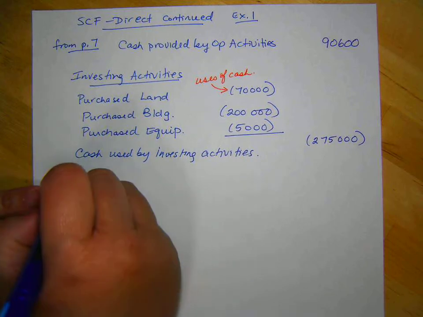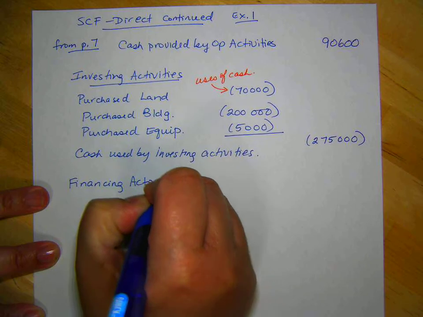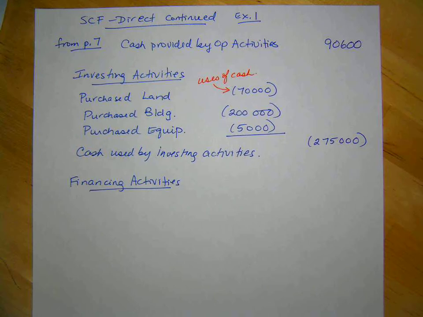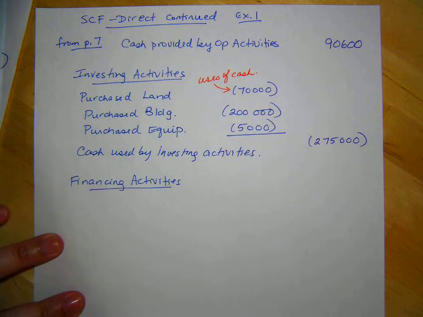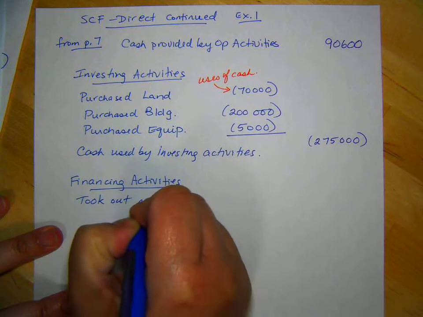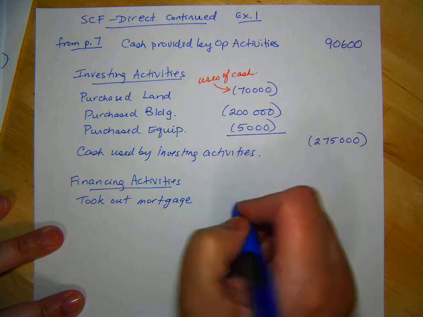Now the final section is financing activities. Now, just looking at our long-term liabilities, we've got a mortgage payable. Now we said there was a payment also made on the mortgage. So we're going to split that into 2 pieces. So took out mortgage, and that was $155,000.